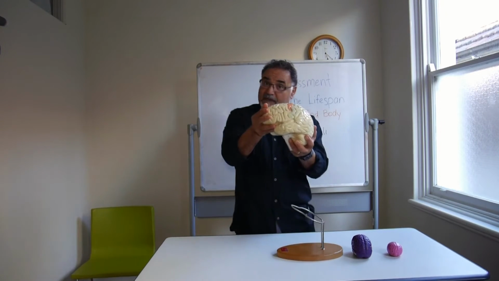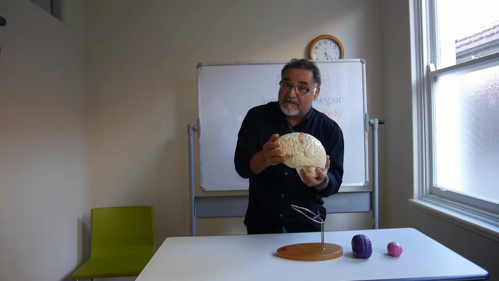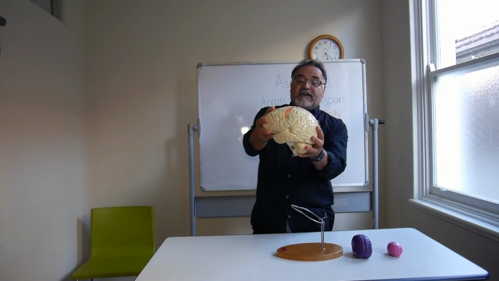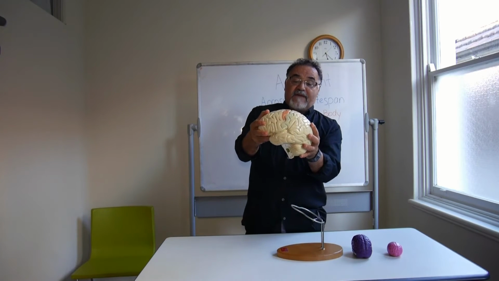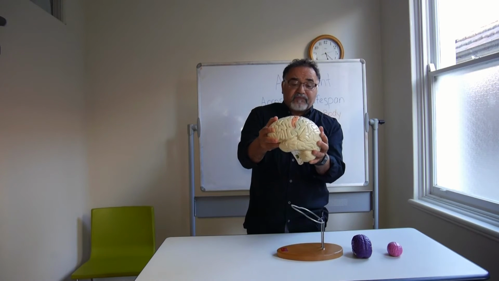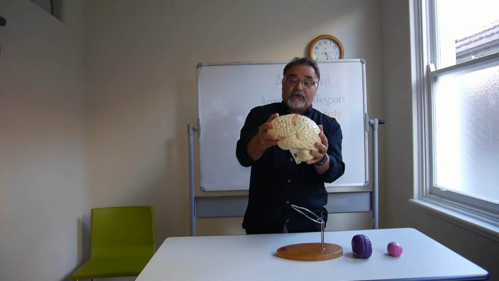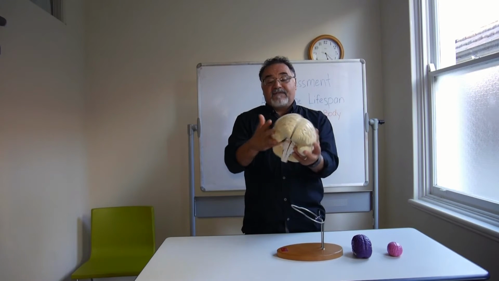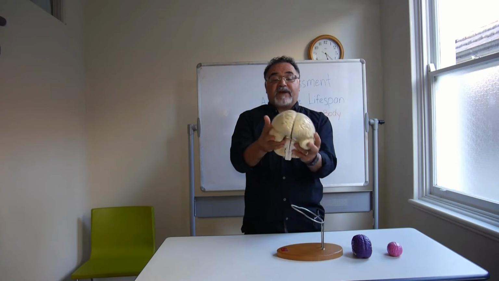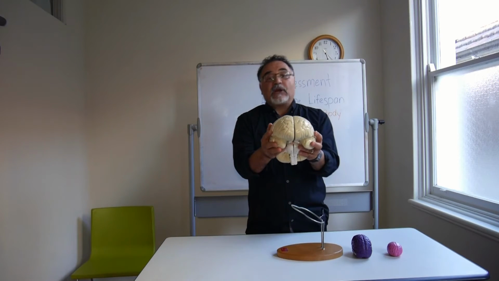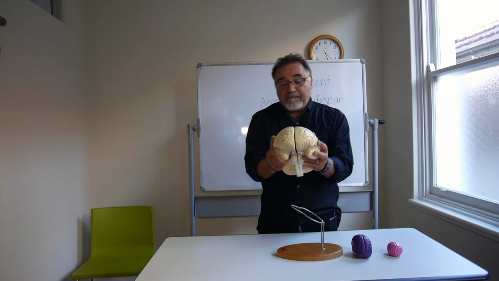The frontal lobe is largely involved with the executive function of the brain, and from the frontal lobe we can go right to the back of the brain where we have the occipital lobe, and the occipital lobe relates to our visual interpretation or visual processing. We have our temporal lobes on either side of the brain. The temporal lobes are important in learning and memory.